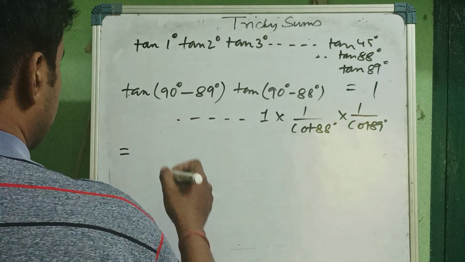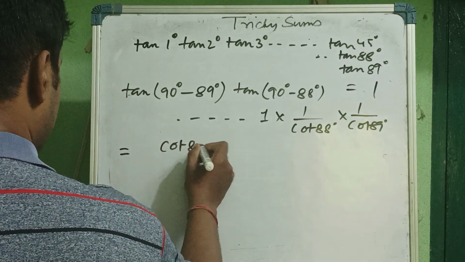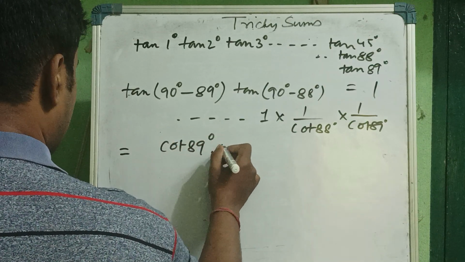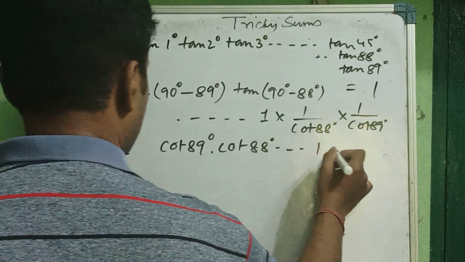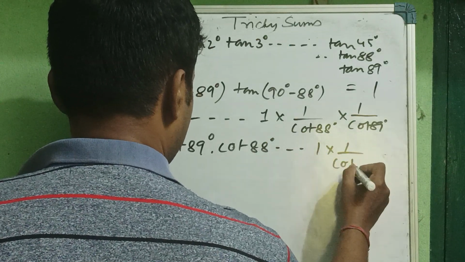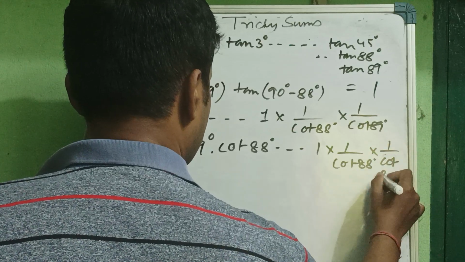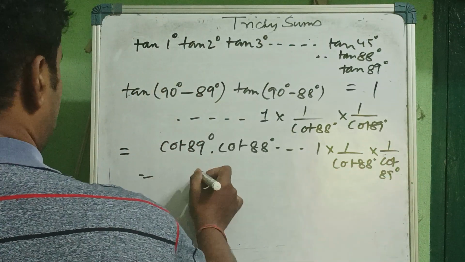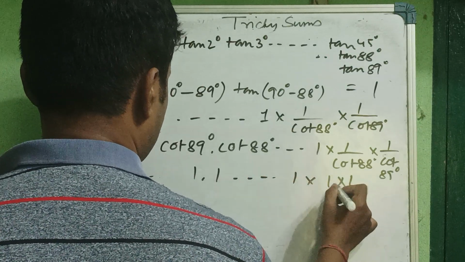Tan of 90 degree minus 89 degree is cot 89 degree, and cot 88 degree, then 1 by cot 88 degree. So it becomes 1 into 1, dot dot dot, 1 into 1 into 1.